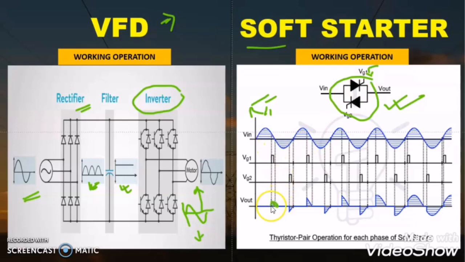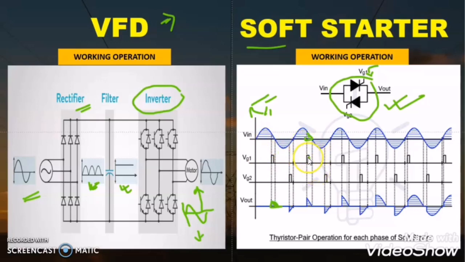So we will have a very small amount of voltage across the motor terminal, and gradually we will increase the voltage at the motor terminal by applying the impulse voltage at the gate terminal of the thyristor. In the first cycle we give the impulse voltage very near to the zero crossing.